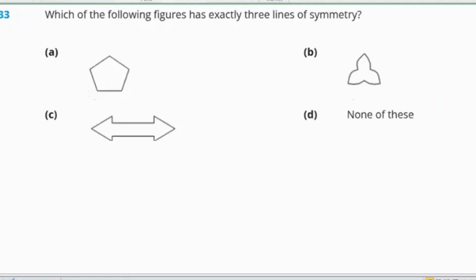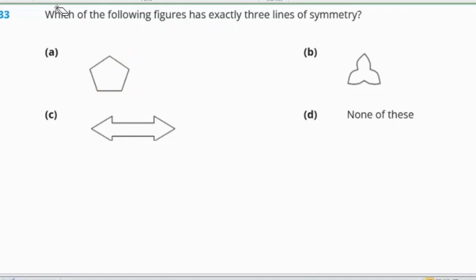Now question number 33. Question number 33 is saying which of the following figures has exactly 3 lines of symmetry. If we are talking about figure A, we can see it has this, this, this, this as well, this as well. So this figure is having 5 lines of symmetry.